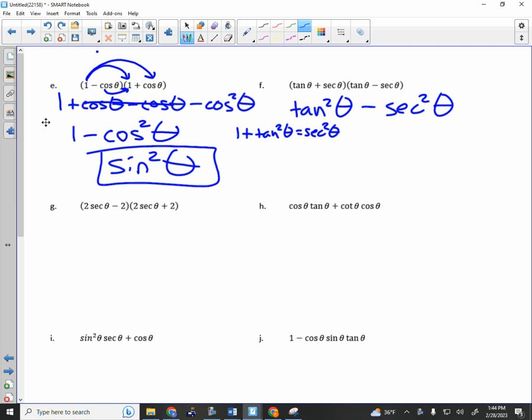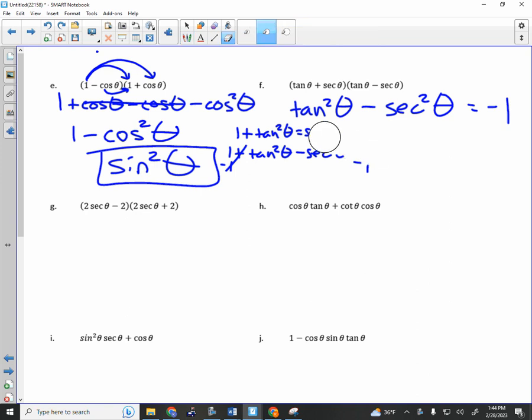I'm going to subtract the secant squared over. So 1 plus tangent squared of theta minus secant squared of theta is equal to 0. Now I just have to subtract the 1. As you subtract the 1, does everybody see it becomes negative 1 on the other side? So that's a good way to show that this is, in fact, negative 1.